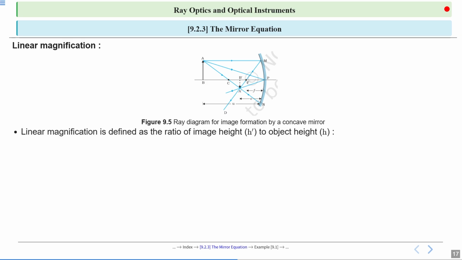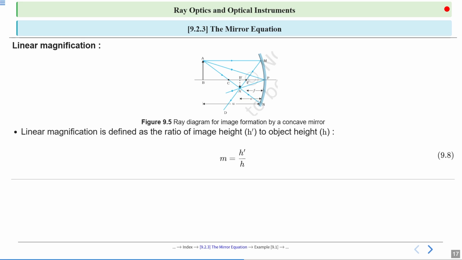So what is its physical significance? That means how much the image is magnified, the size of the image formed as compared to the object. It has no unit because we are taking the ratio of height to height. So it will give only the measure of how many times the image height is greater or smaller than the object height.